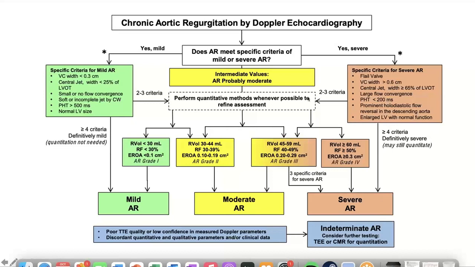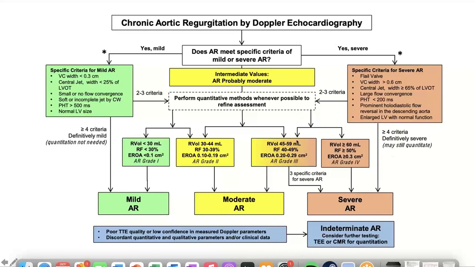If you've met 2 to 3, they really push you to take the time to do some more quantitative measurements. At that point, you're going to be looking into doing your PISA to get your volumes and regurgitant orifice. A lot of the time, you'll do that anyways.